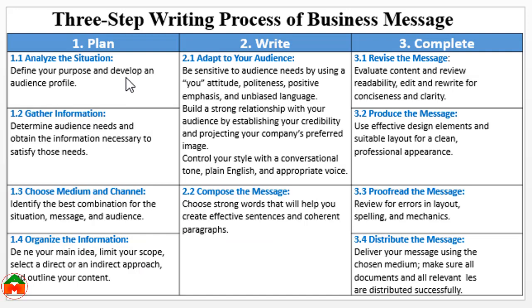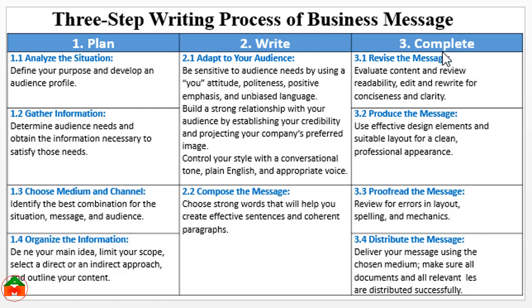As we have learned, for effective and efficient written communication, we have to plan, we have to write, and we have to complete the written message. And for a successful planning, we have to analyze the situation, gather information, choose medium and channel, and organize the information. Next, for an effective and efficient writing of the business message, there is a need to adapt to your audience, and you should compose the message.